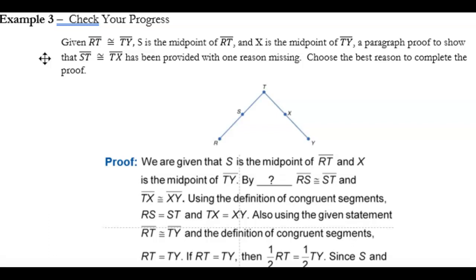Use a paragraph proof to show that ST and TX have been provided with one reason missing. We're going to start this again. RT and TY are given. S is the midpoint of RT and X is the midpoint of TY. Write a paragraph proof to show that ST is congruent to TX.